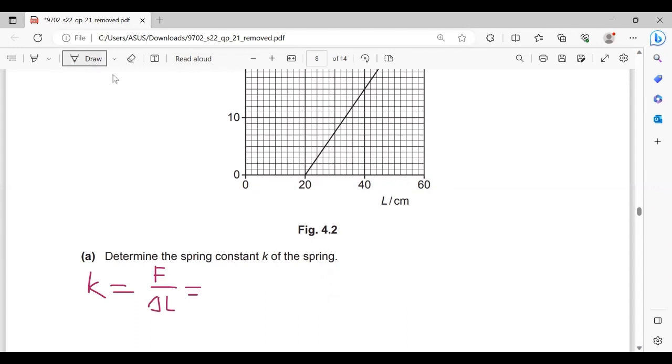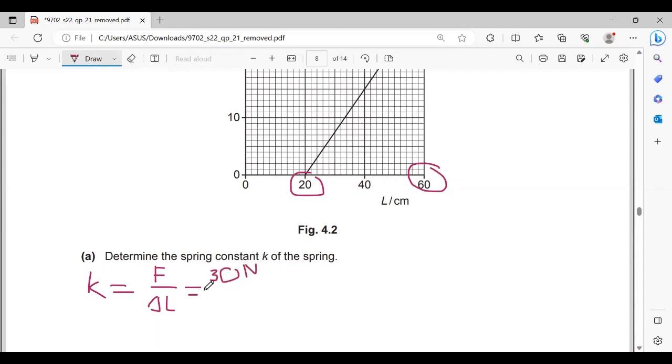This one centimeters becomes meters. It means 0.6 and 0.2. So this is 30 newtons over 0.6 minus 0.2.